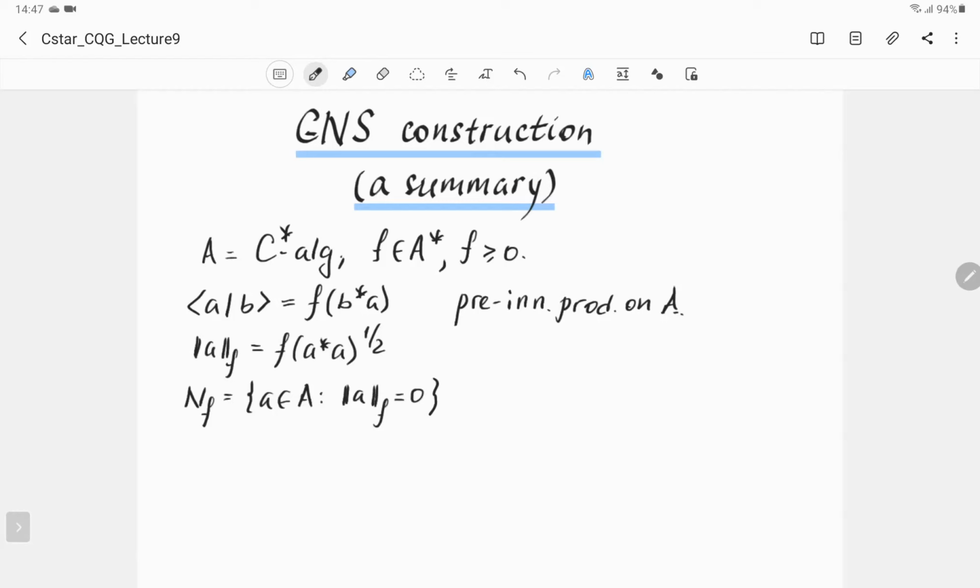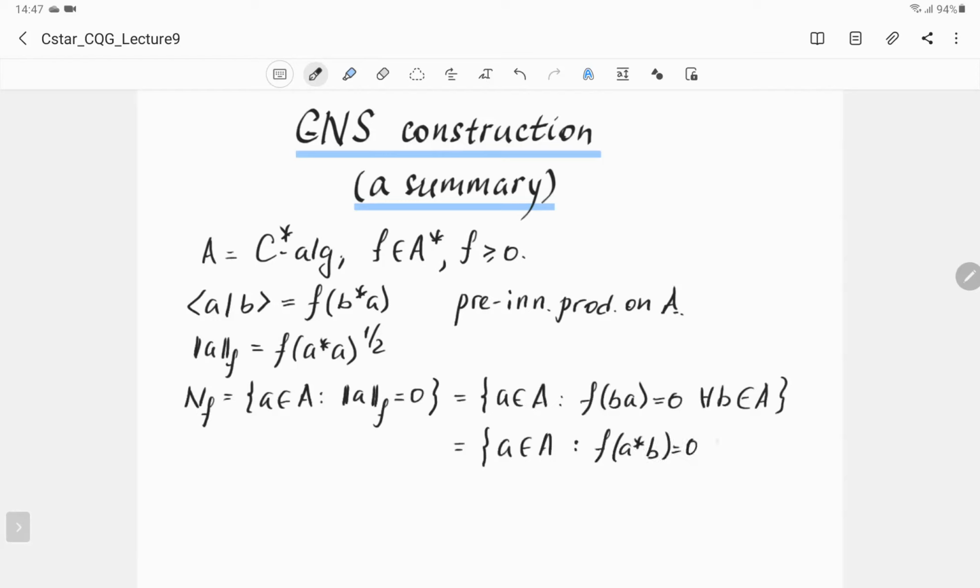And we have proved that this subspace can equivalently be defined as follows. This is the set of all elements a, such that f of b a is 0 for all b in our algebra. Or equivalently, this is the set of all elements a, such that f of a star b is 0 for all b.